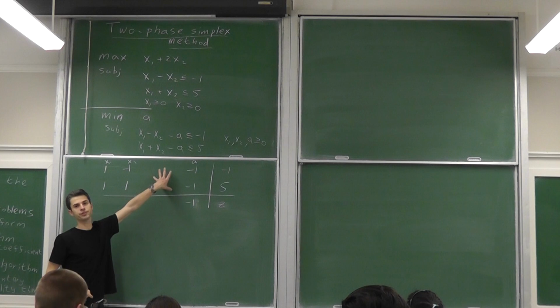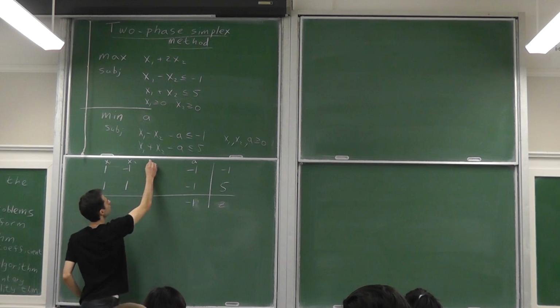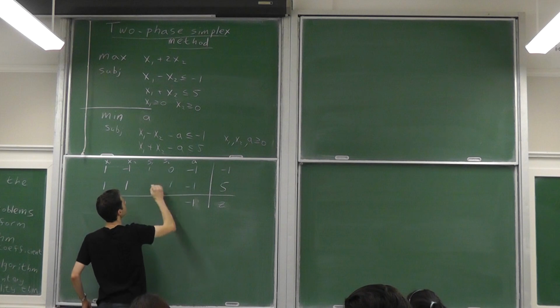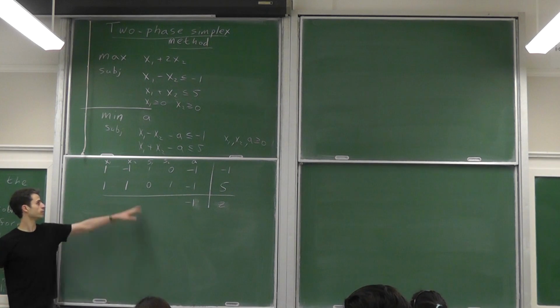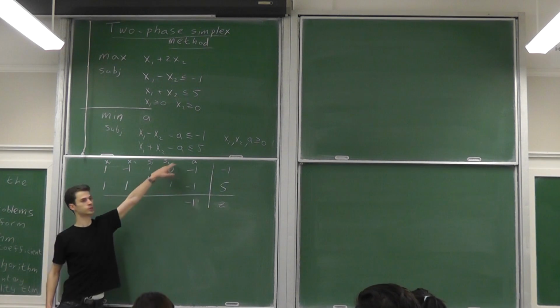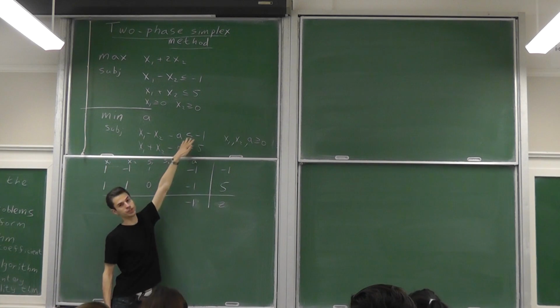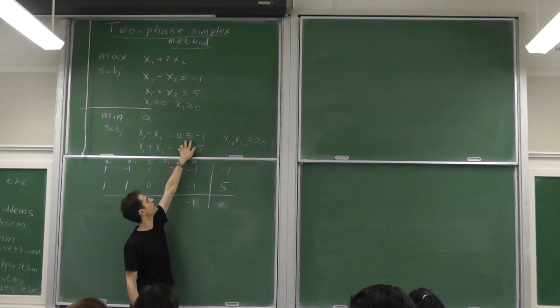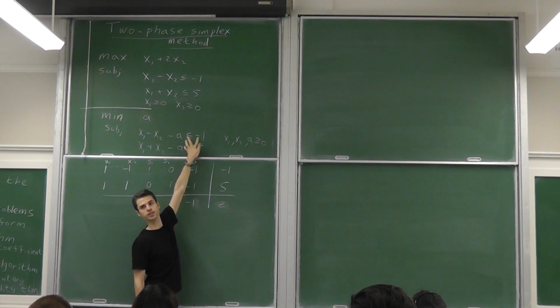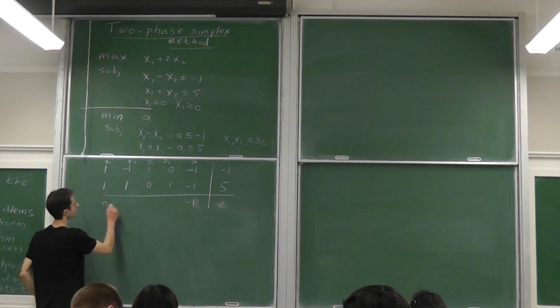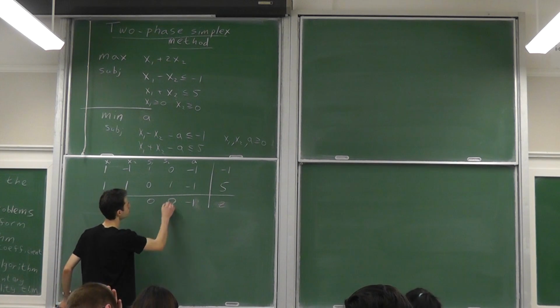And I'll introduce the slack variables right here. So that's how I introduce the slack variables. I write down such an identity matrix. Or rather, to make this inequality into equality, I should add the slack variable to the left side, and then it will become equality. There are some zeros over here.